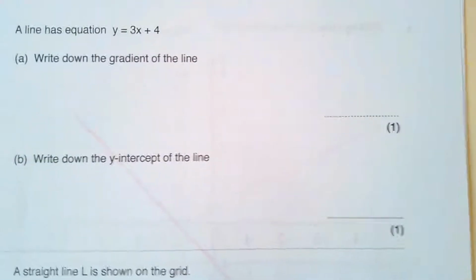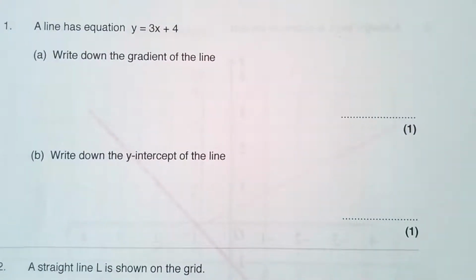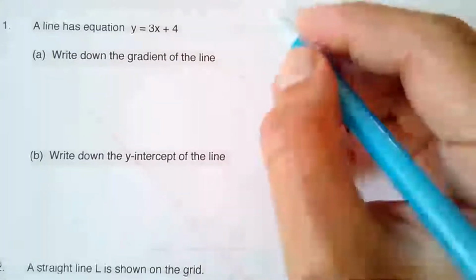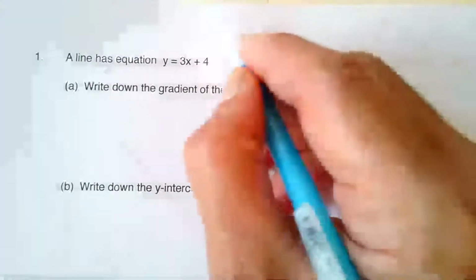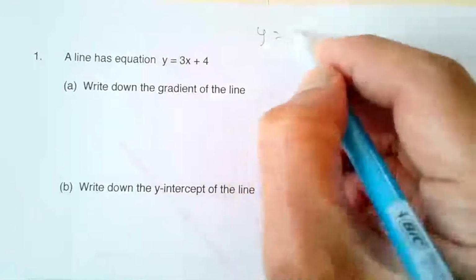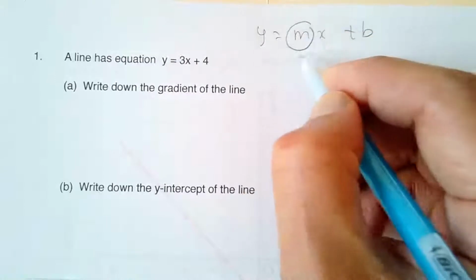Okay, let's look at some example questions. Now we've gone through a few of these. Remember, our equation is y is equal to mx plus b. So here's my equation of a line: y is equal to mx plus b. This is my slope.